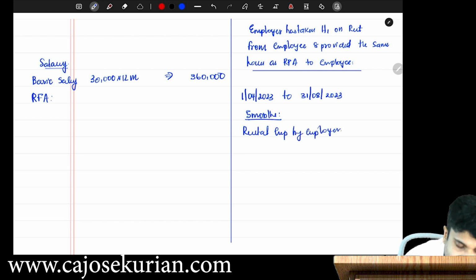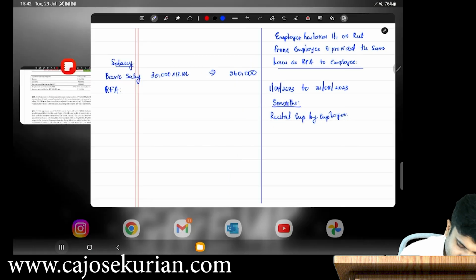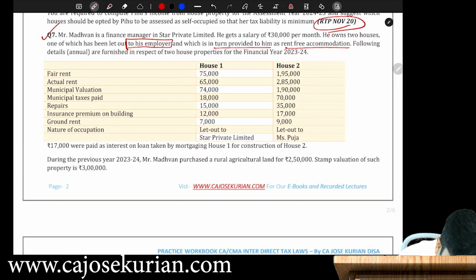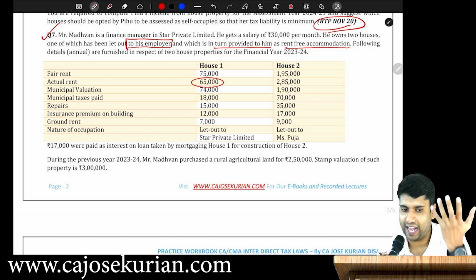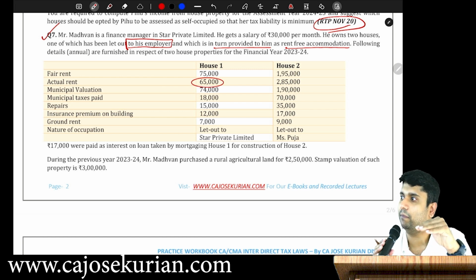How much is the monthly rent? What is the monthly rent for house 1? See, where is actual rent? Fair rent, actual rent, yeah. 65,000 is the actual rent. House 1 has been taken on rent by the employer, so actual rent is paid by the employer to the employee.